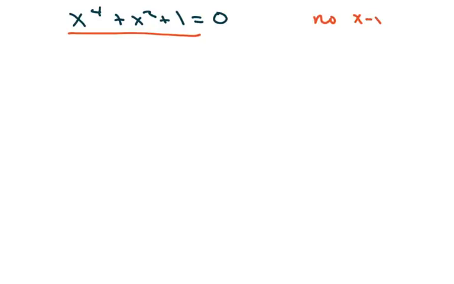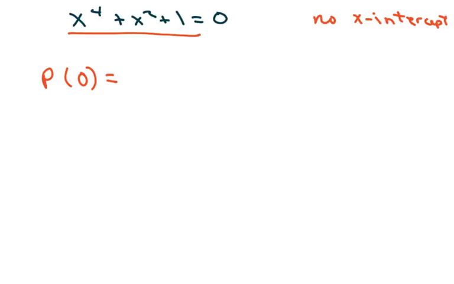Let's do the intercepts. We set the numerator equal to 0. We can't factor this, so basically there's no x-intercepts. For our y-intercept, we set x to 0.